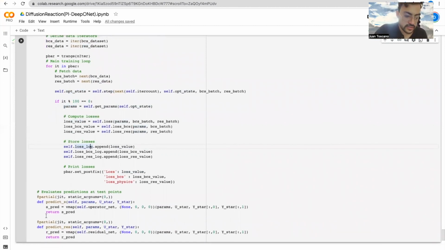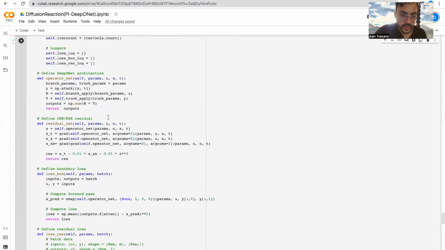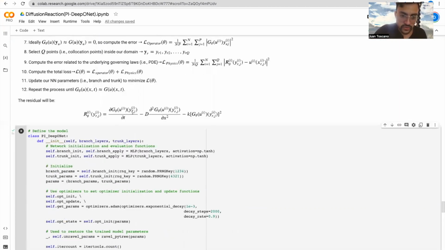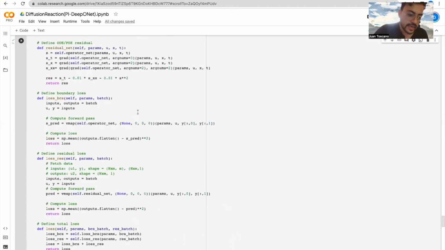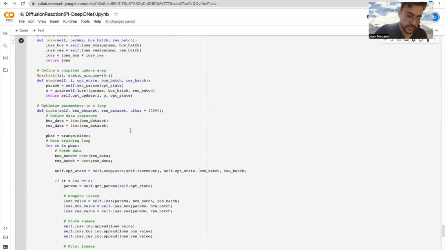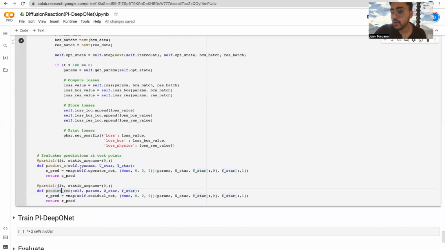And also you can see right here that we have 2 functions that are jit, just in time. It's a JAX function that helps us make the code a bit faster, to predict s, which would be the solution of our partial differential equation. You can see it takes u and x. So this function would do g of u of y. And also to predict the residual, that would be what we have from our partial differential equation.